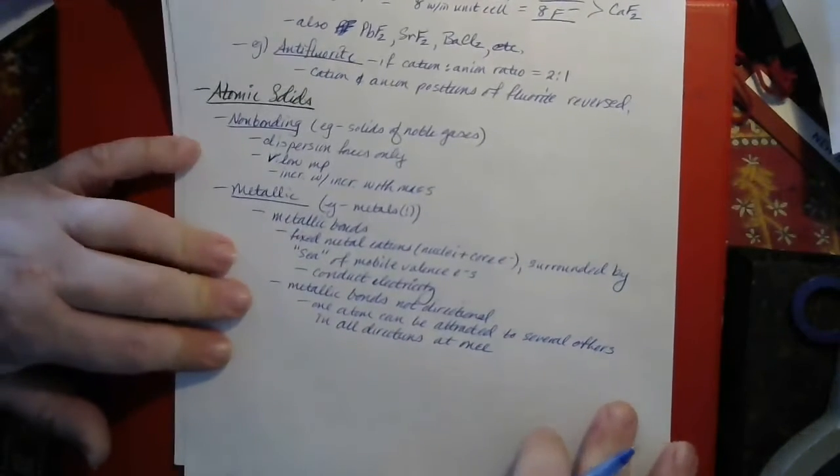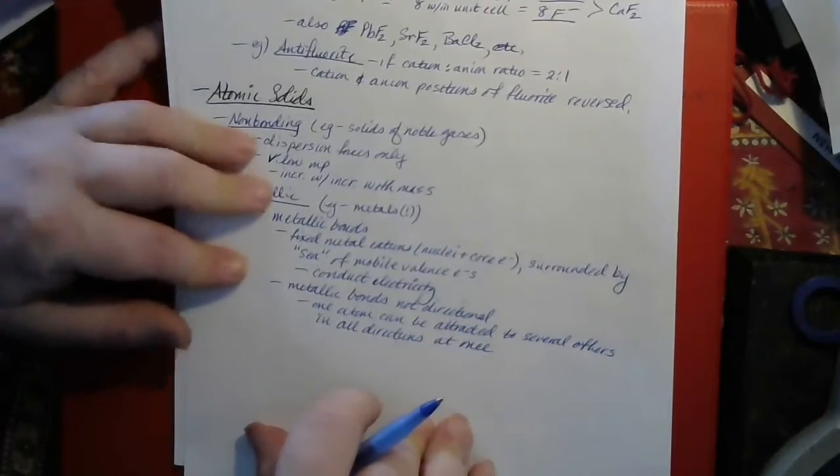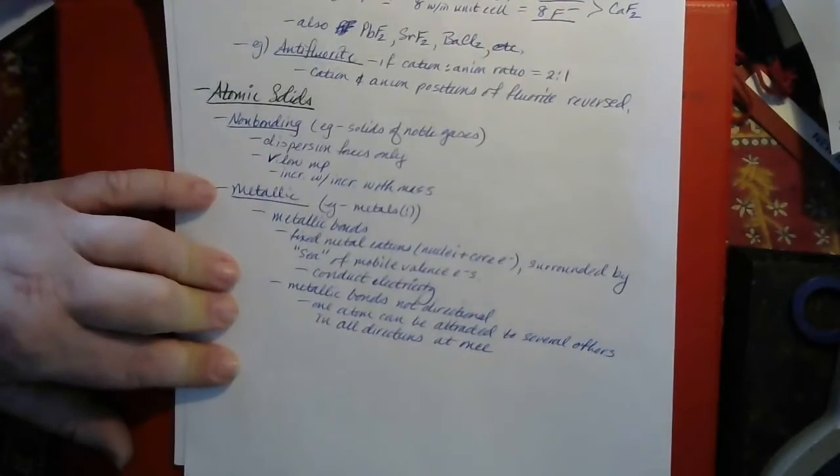So any given metal atom can be attracted to other metal atoms all the way around it.